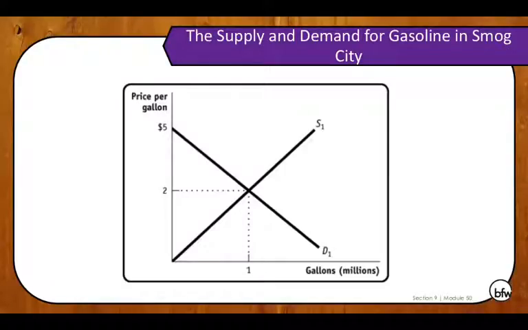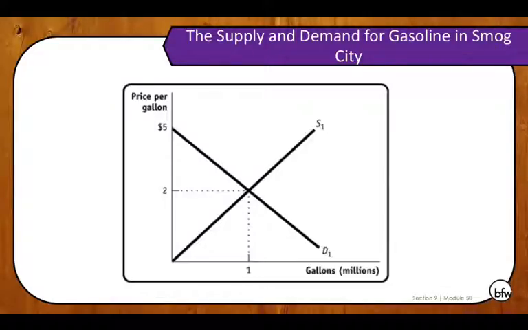Now, if we compute the total surplus as the combined area of the two triangles that we see here in the graph, consumer surplus is equal to 1/2 times $3 times 1 million, which would equal $1.5 million of consumer surplus, the area of the triangle above the equilibrium price of $2 and going up to the demand curve.